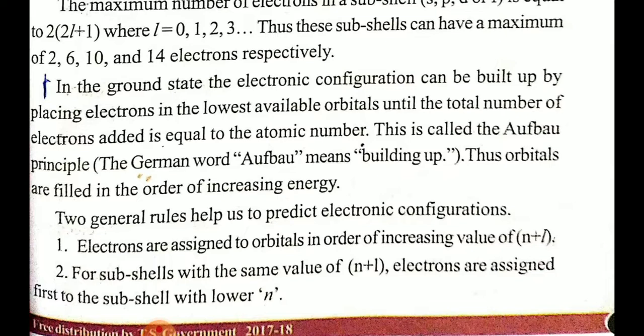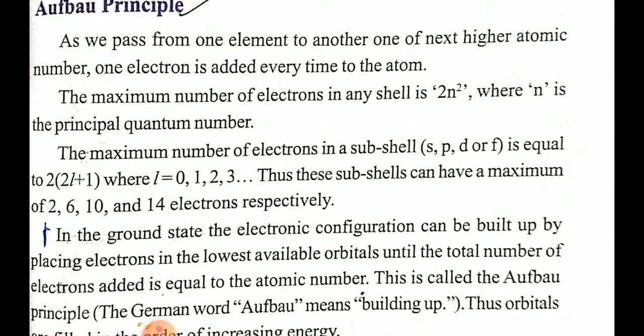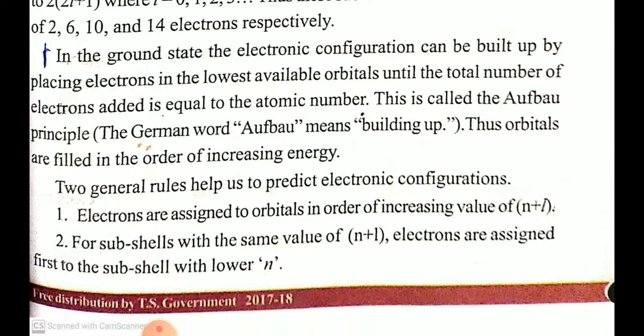That's why, to predict the electronic configuration, the above principle gives two rules. The first one is that electrons are assigned to orbitals in order of increasing value of n plus l, because the n plus l value represents the energy level of that orbital.